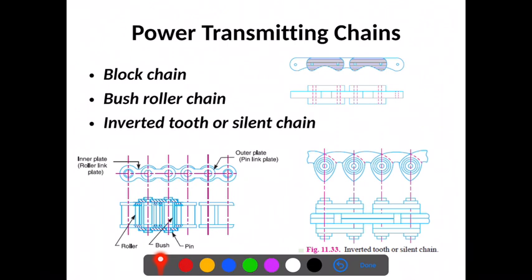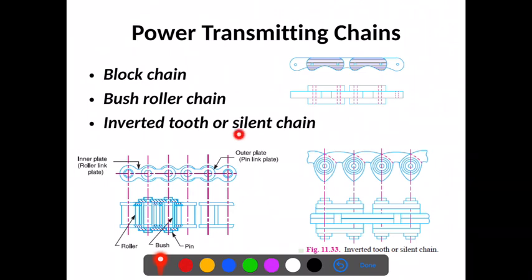So to avoid this, the inverted tooth or silent chain was developed. It has one advantage: this particular geometry takes care that, if because of elongation there is some disturbance in the pitch of the chain, it can be adjusted because of this geometry, and there will be no such excessive wear of the chain or the sprocket.